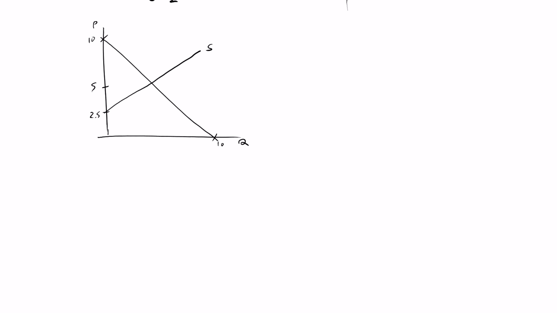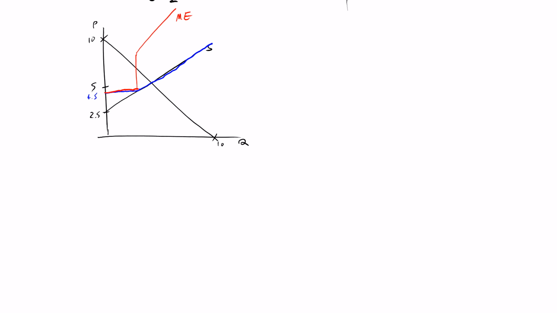You have the supply curve. And now let's say the minimum wage is actually something more like $4.50, okay? Somewhere here. And then you would have the marginal expenditure just like the one we have in our previous diagram, more like this.